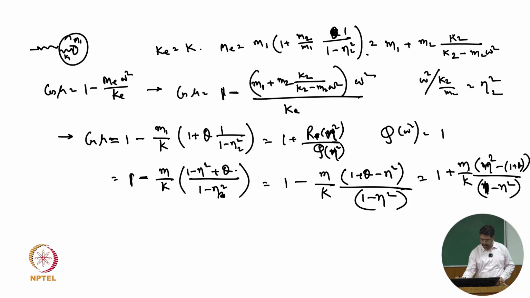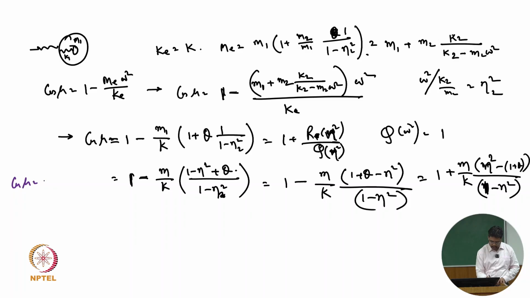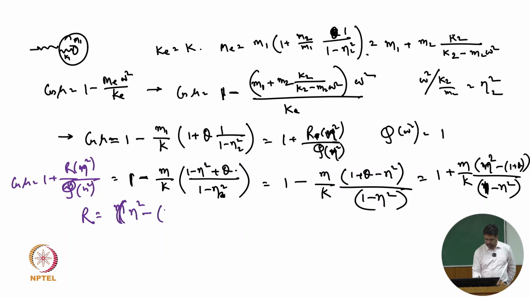And we also know that cos of mu can be written 1 plus r divided by q, r eta square by q eta square. So what is my r? r I can say eta square minus 1 plus theta, that's my r.